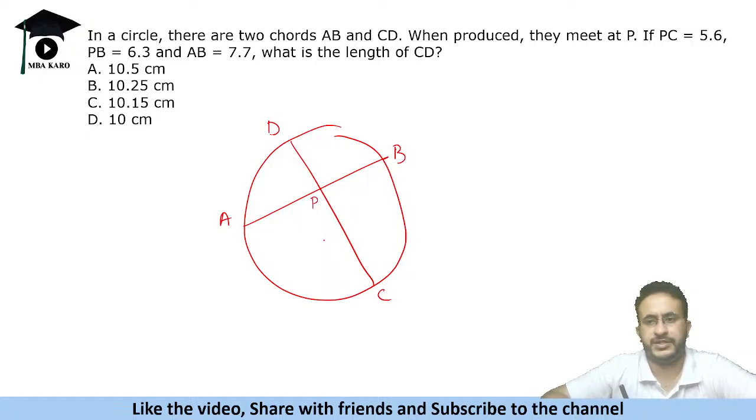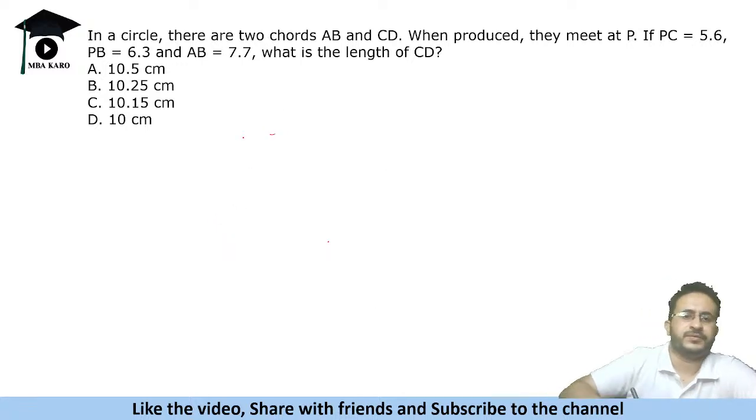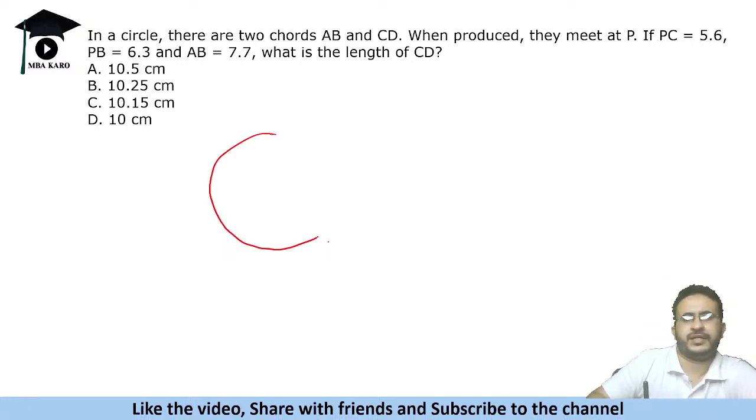PC is 5.6. Do not go by this diagram length. You have just written the values. AB is 7.7. Sorry, when produced they meet outside, they are not intersecting inside the circle.